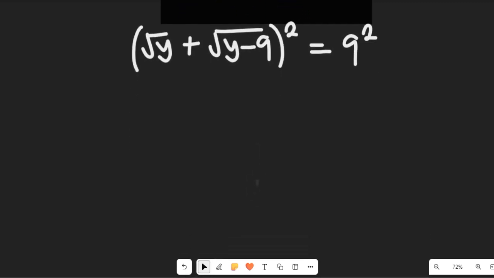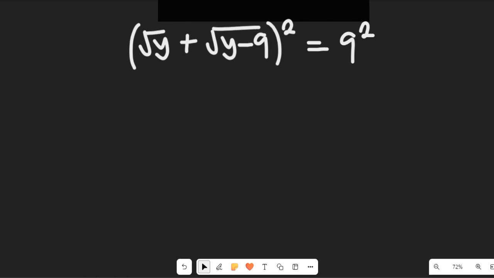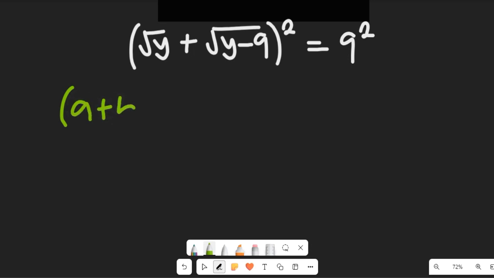In the second stage, what I did next was to apply an algebraic formula. That algebraic formula gave me a plus b square, which is typical of this.